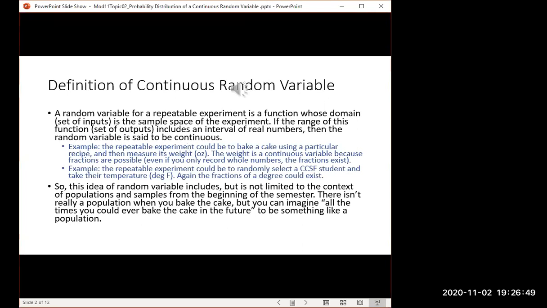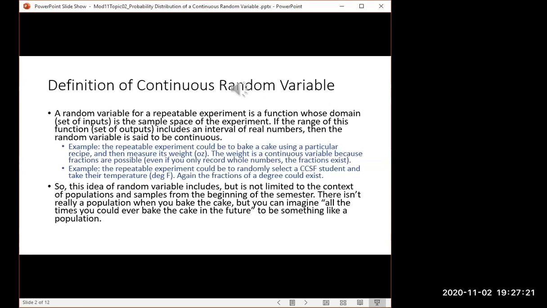Before, we were just talking about random variables in connection with populations and samples, where you were looking at a measurable characteristic of an individual in the population. Here we also want to include situations like we were talking about with rolling dice earlier, where there's not really a population, there's an experiment that you could do infinitely many times.